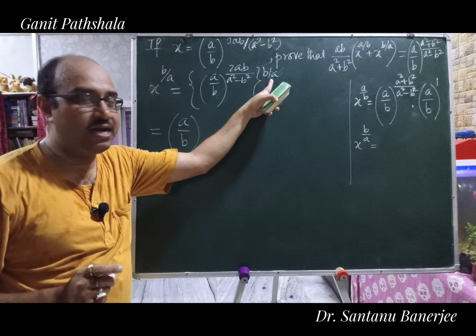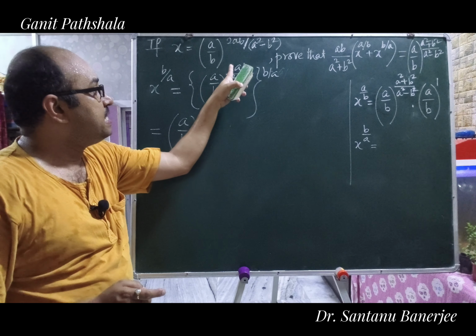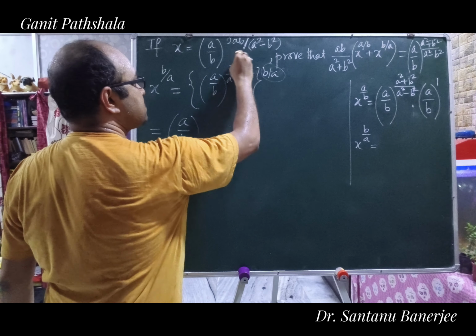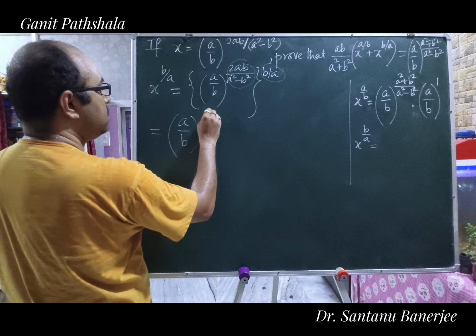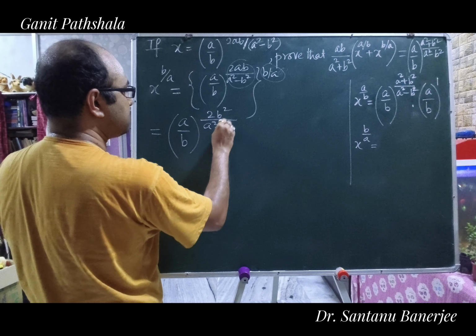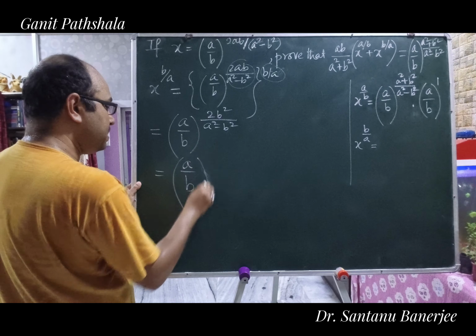A is in the denominator part, so a and this a will get cancelled out. Only 2b square will remain because these two will get multiplied. So only 2b square divided by a square minus b square remains, which is equal to (a by b) whole to the power.